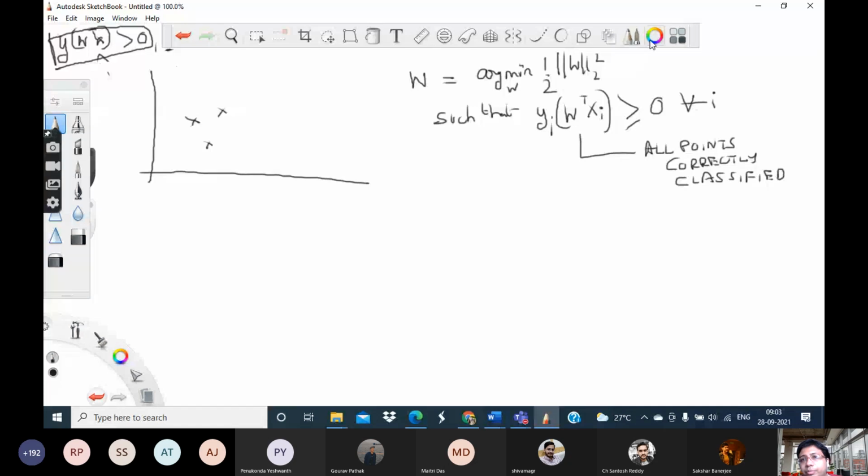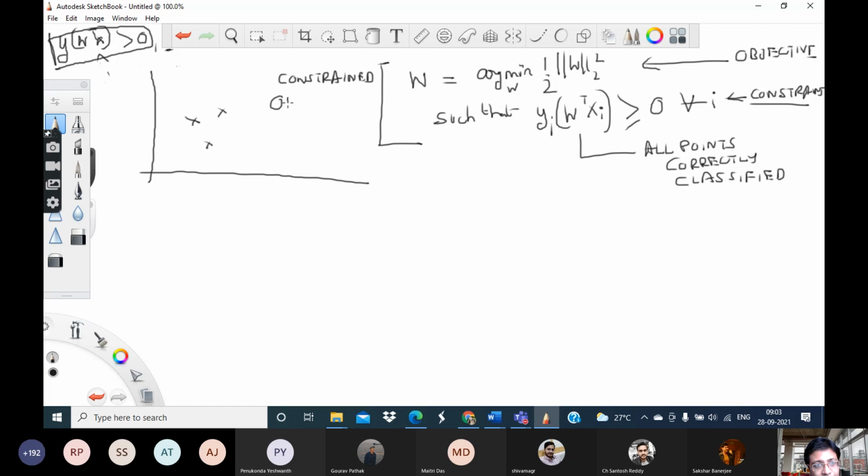So in the language of optimization, this is my objective function and these are my constraints. The two things taken together are called constrained optimization.